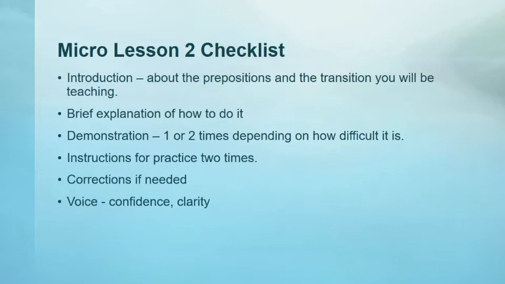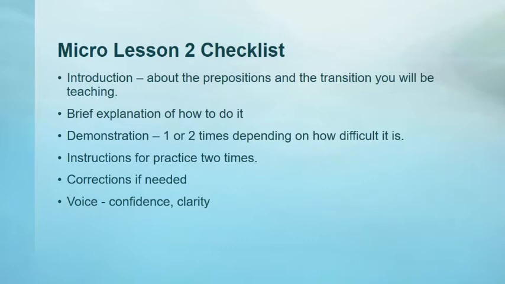Now you're going to demonstrate 1 or 2 times, depending on how difficult it is. So for example, if you're doing from sitting preposition to supine preposition, we know it's very simple. There's only a couple of movements to get into that. But if you're going to move from standing to prone, then it's going to be a little bit more difficult. So it can be helpful to have 2 demonstrations there.